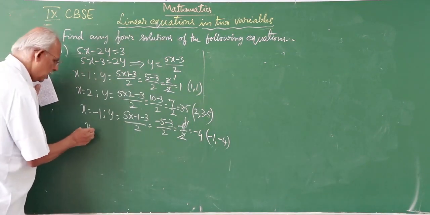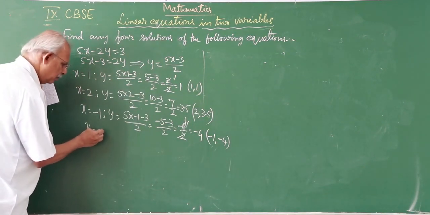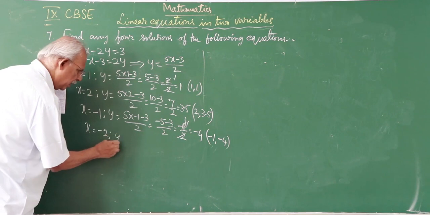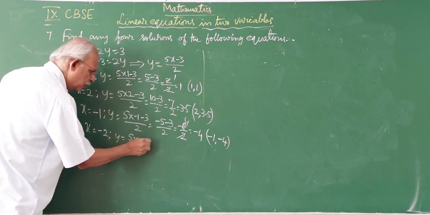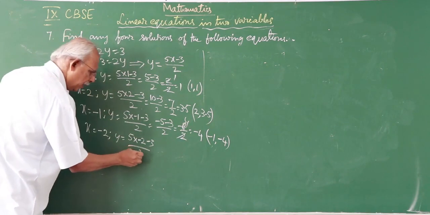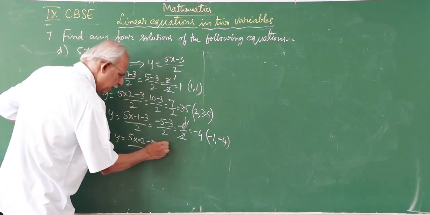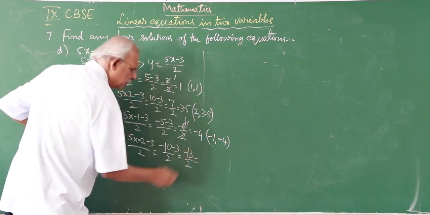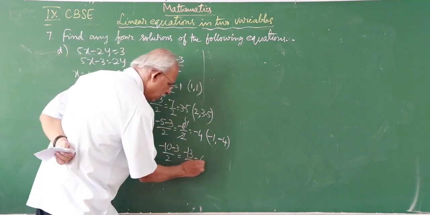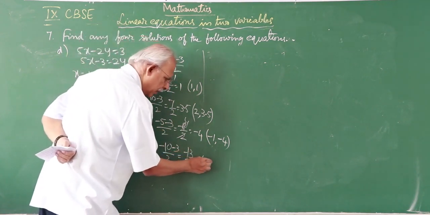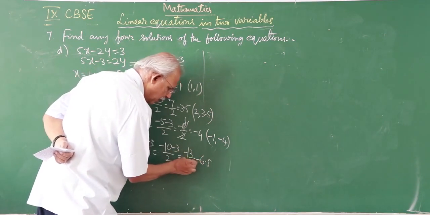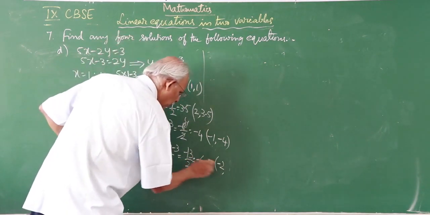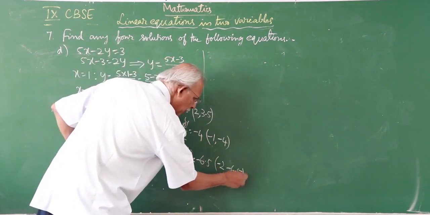Now put x equal to minus 2. y equals 5 into minus 2 minus 3 by 2. 5 2s are 10, so minus 10 minus 3 by 2, that is minus 13 by 2. On division, 2 6s are 12, 1 remains, point. So minus 6.5. When x is equal to minus 2, y is minus 6.5.